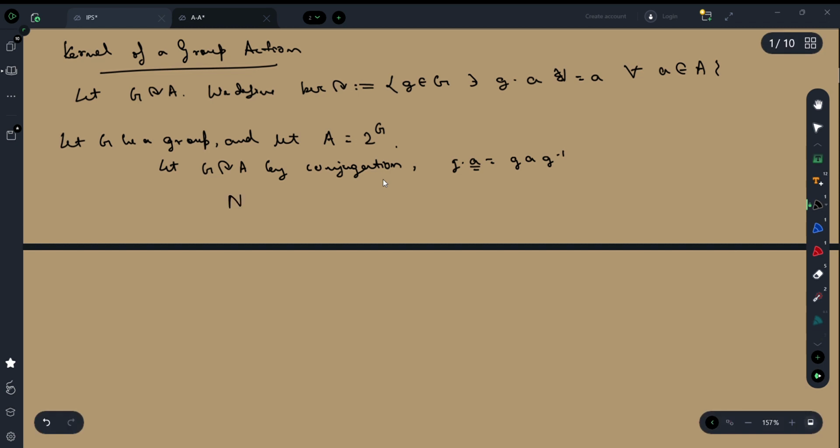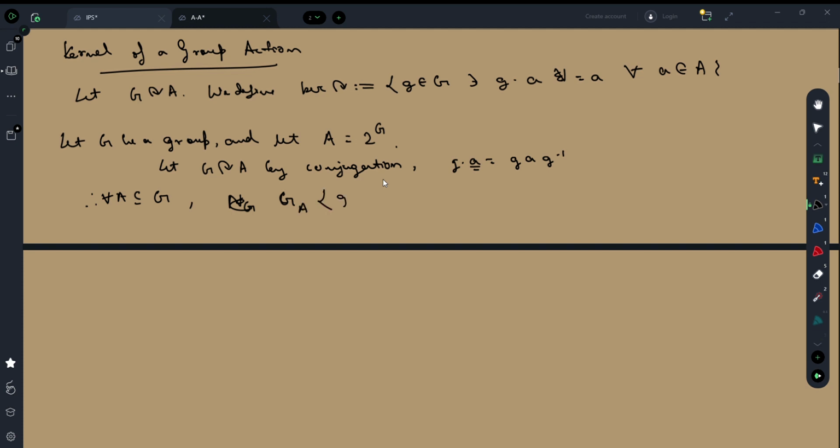Then observe that for any subset A you choose of G, what is the stabilizer of A? It is the set of elements g in G, by definition, such that g dot A is A. But if I apply the definition of action by conjugation, g dot A is nothing but gAg inverse equal to A. But this is nothing but the normalizer of A in G, right?